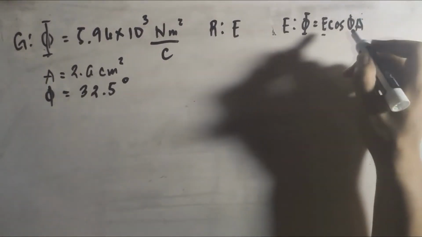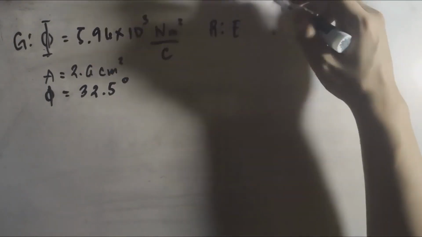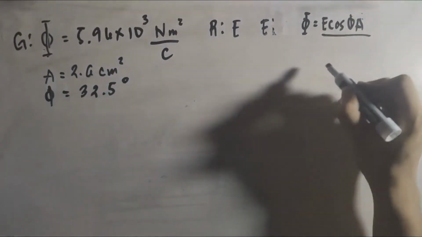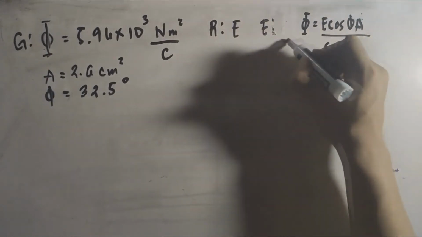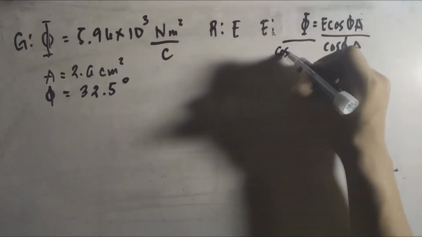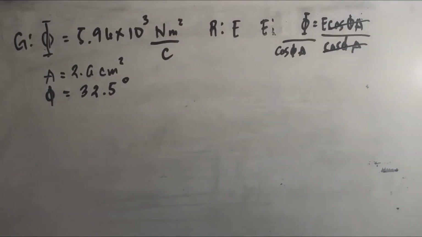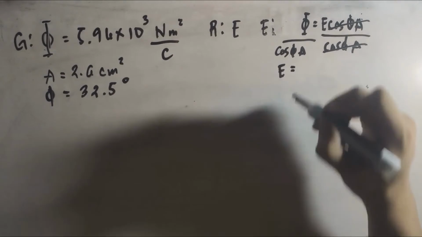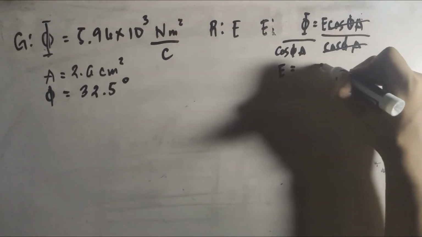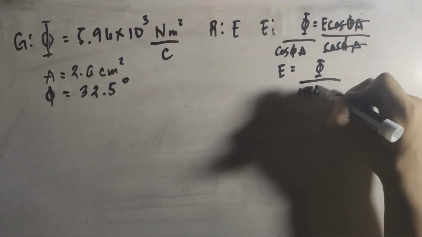Okay, so what we're going to do is divide both sides by cosine phi area, so same here, cosine phi area. Okay, so this would cancel out this and this. Okay, so that would mean that our final equation would be electric field is equal to electric flux over cosine phi area.